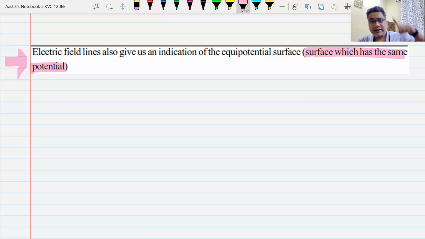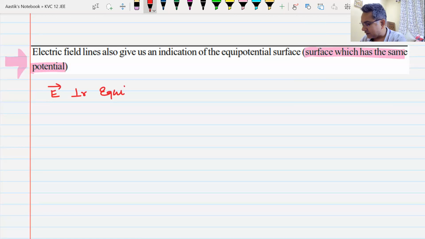And I told you that light propagates perpendicular to the wavefront. And this is same as the relation between electric field and equipotential surface. Equipotential surface means a surface which has points of the same potential, same phase for a wave. So the electric field is perpendicular to this equipotential surface.